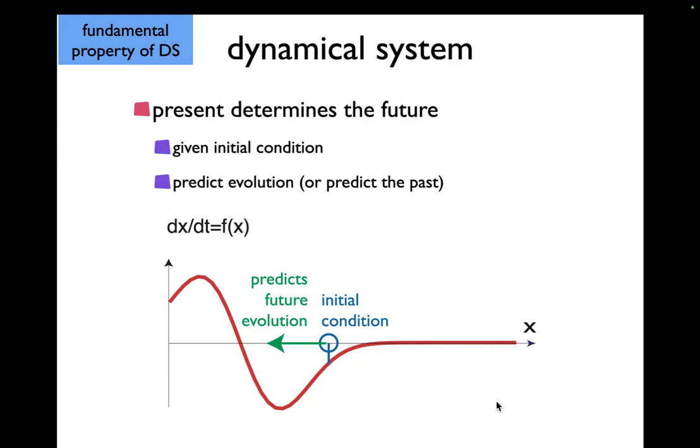You could say there are infinitely or continuously many time courses, namely time courses that are predicted from any initial condition. And all of those are condensed into this one function, the function that determines the dynamical system. That's what we call a law of motion. It's a very strong condensation or compression of data.